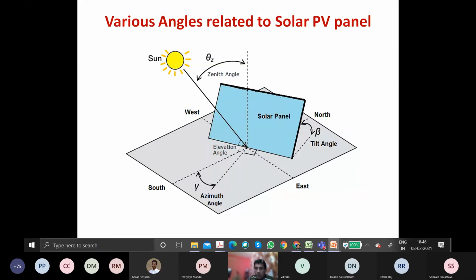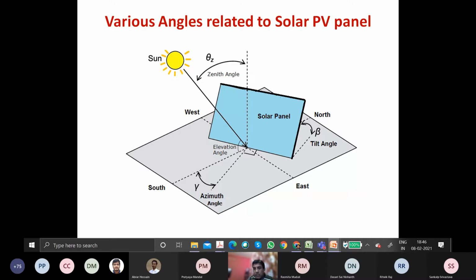That cos theta depends upon various angles through a mathematical relation. It is a long formula which depends upon gamma, beta, theta, z and all that. It includes not only these angles but also the day of the year and the time of the day, so the solar angle is also involved. The declination angle is also involved. The declination angle changes with the nth day of the year.